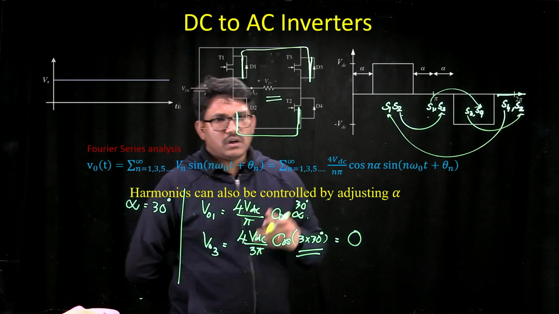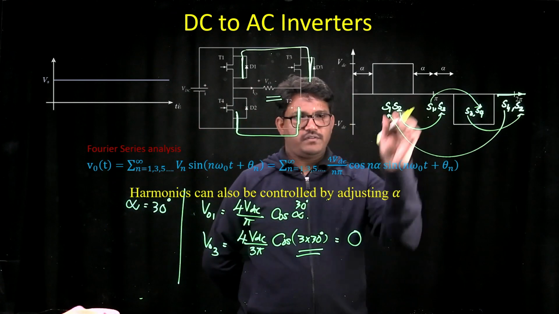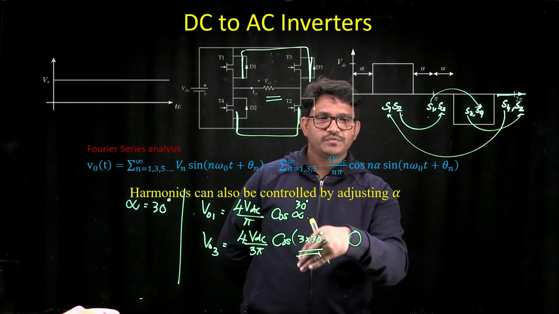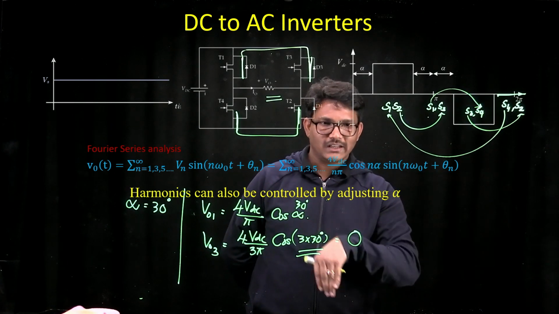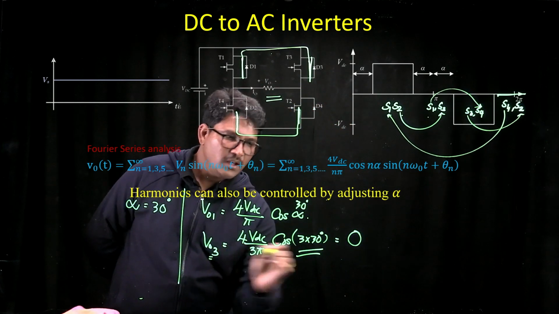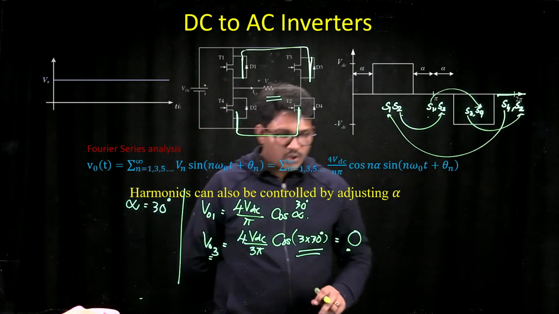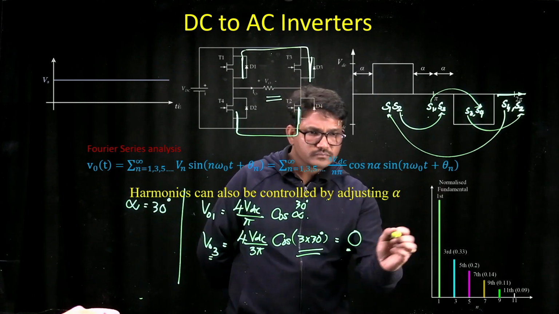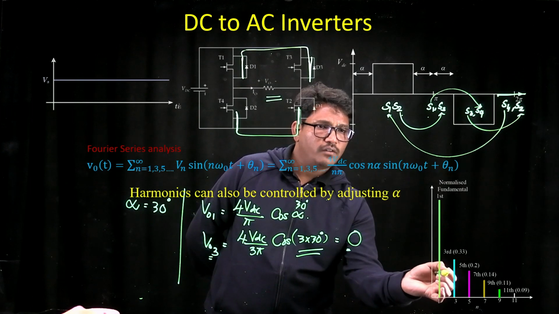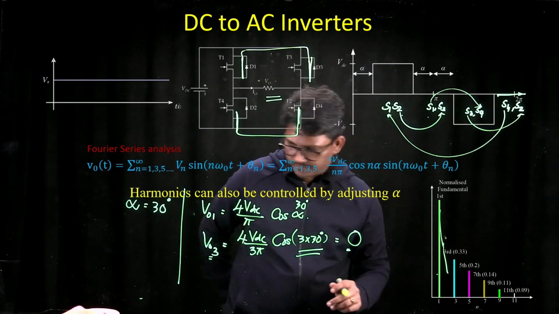Whenever you represent this waveform as a fundamental voltage as well as third order harmonics, fifth order harmonic and seventh, ninth order harmonics, you know that this third order harmonic peak value is 0.